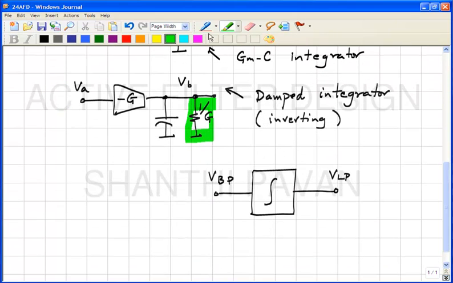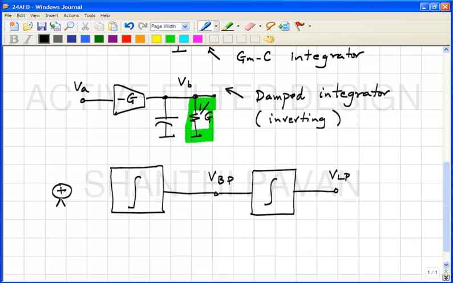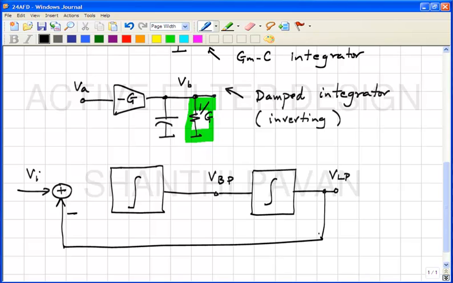So if you wanted to draw a block diagram of this whole operation, you have a second integrator, VI minus VLP, and what else?